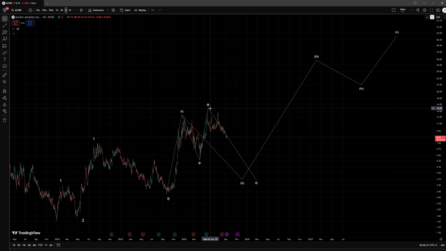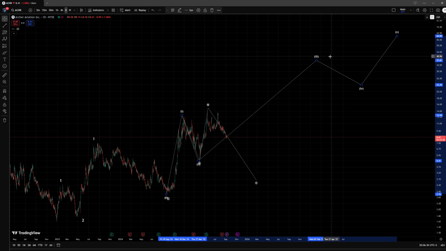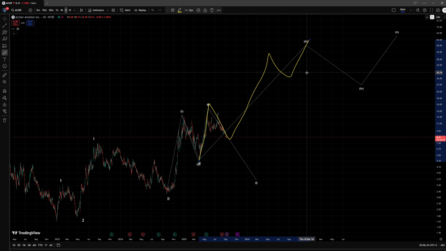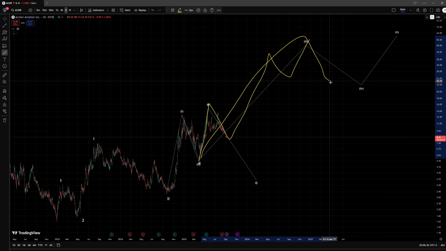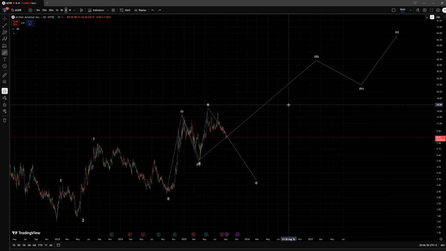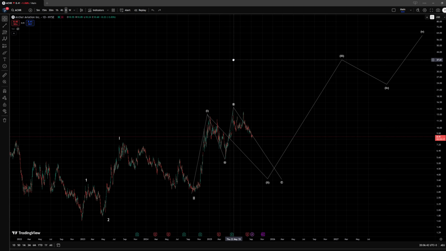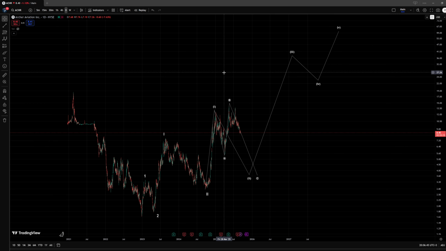So this could not be the third wave that is developing to the upside in a 1, 2, 3, 4, 5. It would have to be another 1-2 setup in the idea that we are tracking an impulse to the upside, and that would become quite unrealistic.